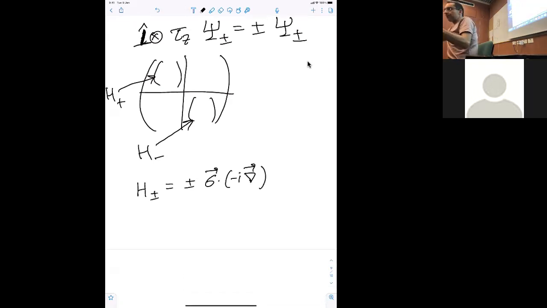Okay, so this Hamiltonian was invented by Weyl in the 30s of the last century.